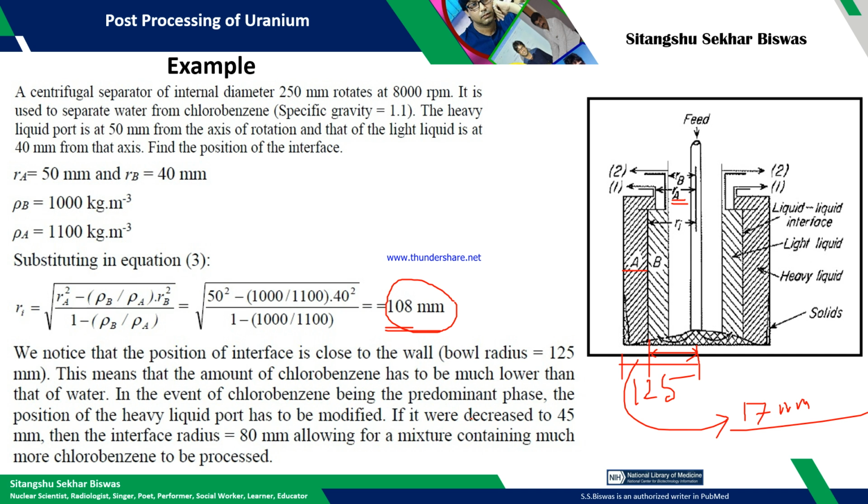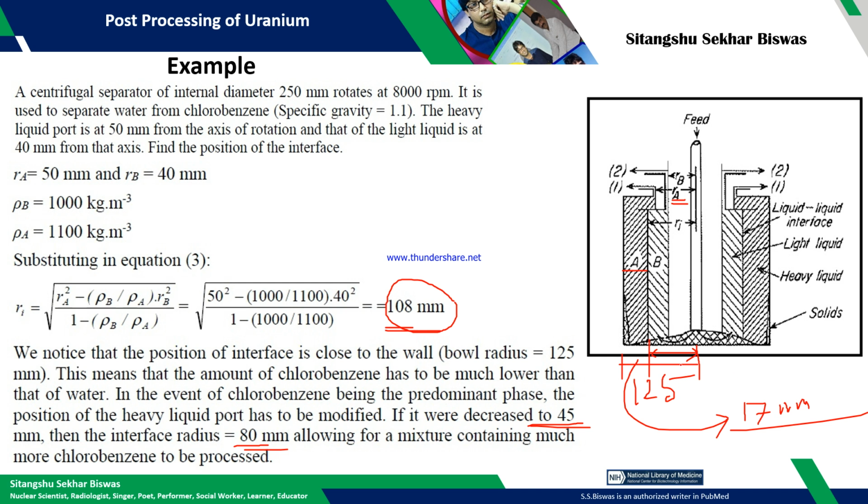So if RA is decreased from 50 to 45, then Ri will reduce to 80, sorry, not 180.